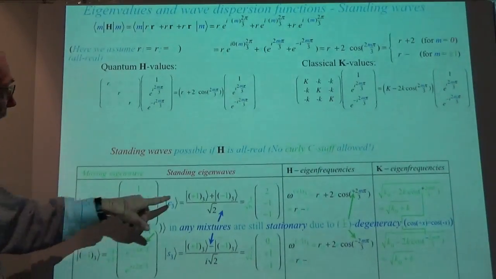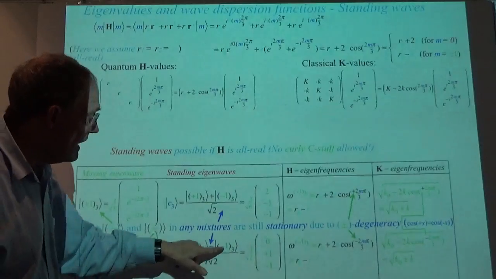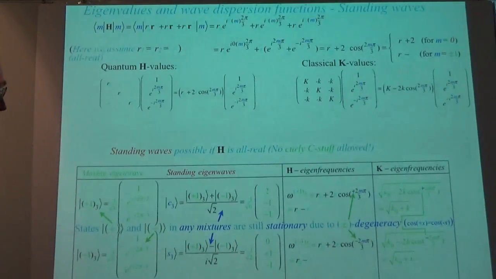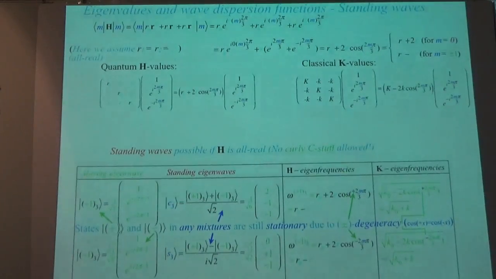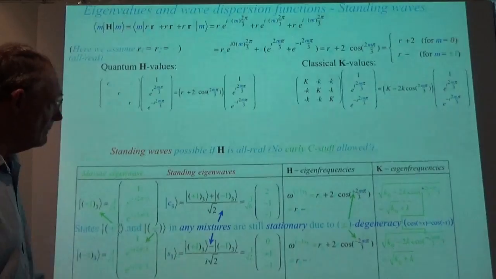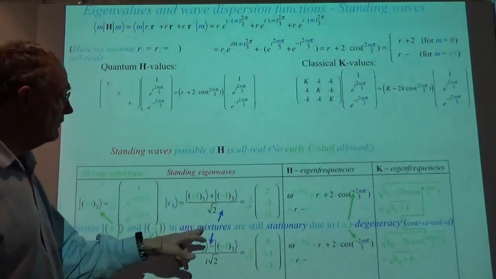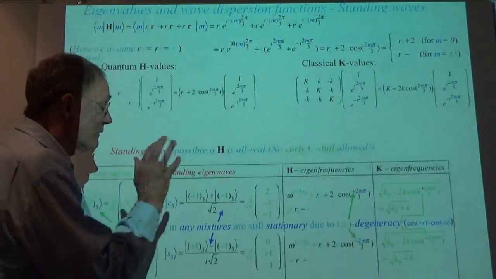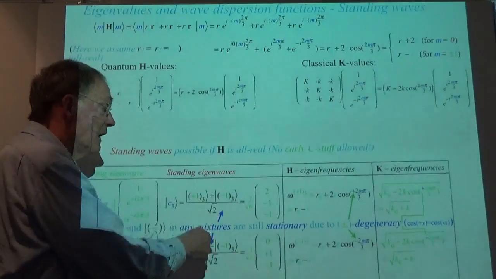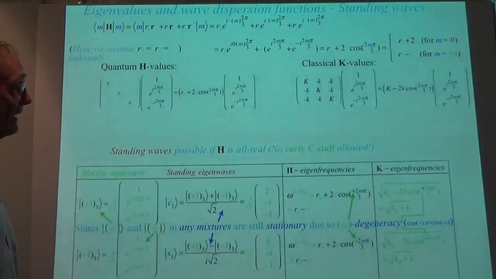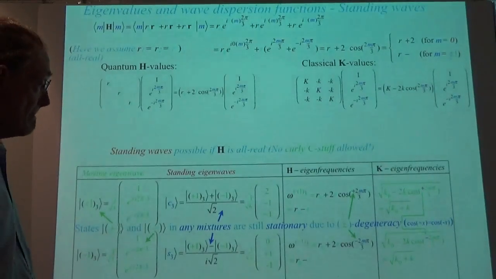So I can add or subtract, half sum or half difference, but I'm normalizing, so it's the square root of 2 inverse of the sum and difference. They have to be 50-50 mixtures of a wave going clockwise and a wave going counterclockwise in the setting that we were showing in the animation.